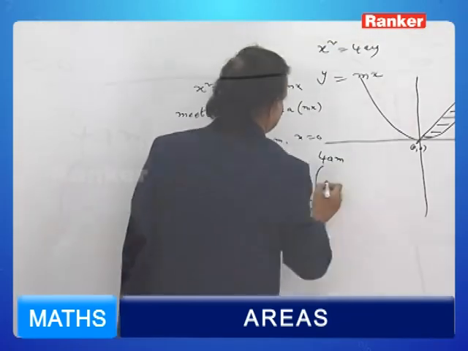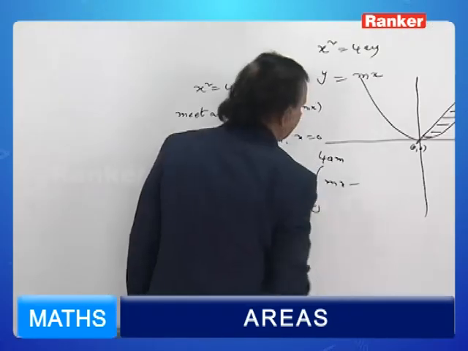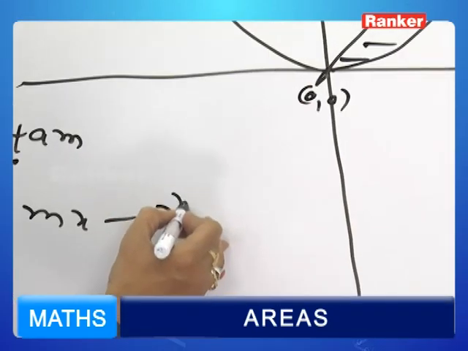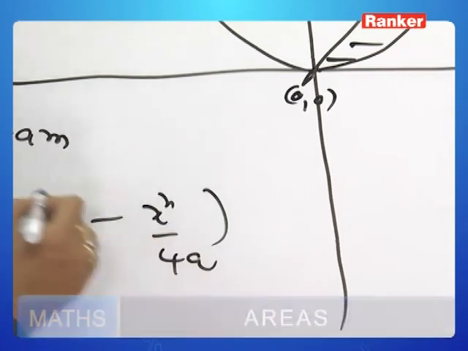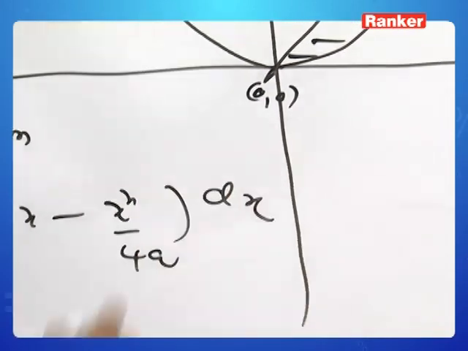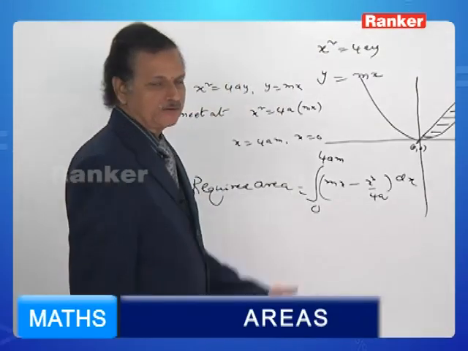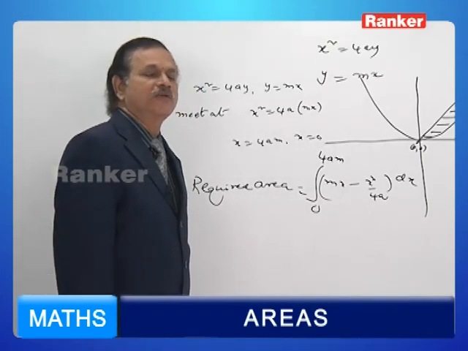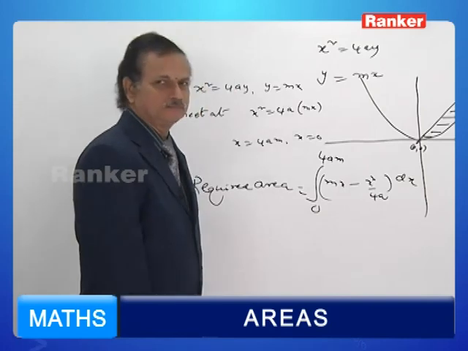The upper part is the straight line, mx, minus lower part is the parabola, y is x square by 4a, dx. And you get it simplified, so that the answer is 8a square m cube by 3.